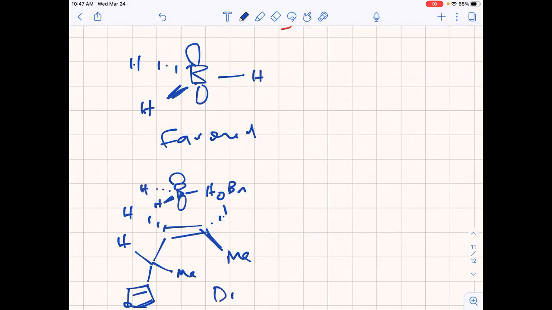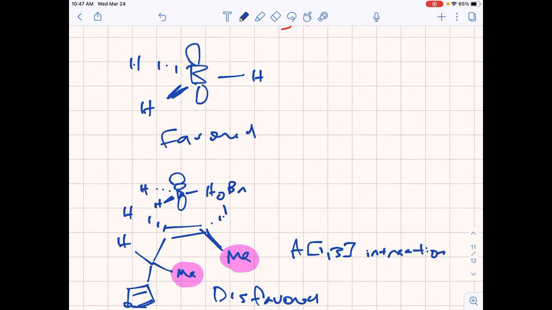This is going to be disfavored because you have this huge A13 interaction right here. So it's going to disfavor this transition state and favor the other.